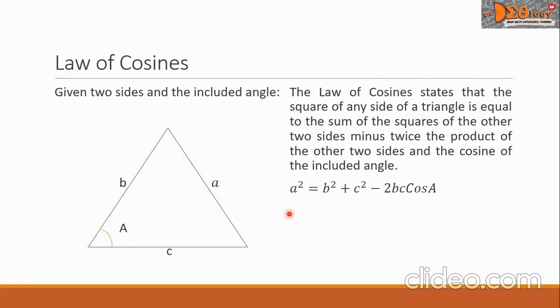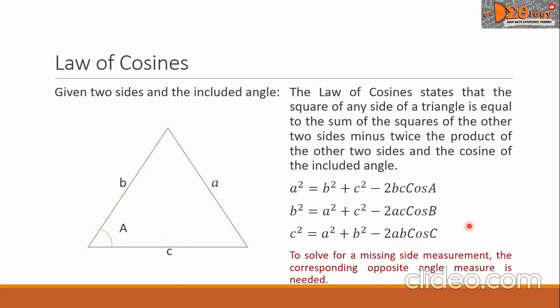In symbols, we will write A squared equals B squared plus C squared minus 2BC cosine of angle A. For some triangles, we may look for side B, so we will use this formula: B squared equals A squared plus C squared minus 2AC cosine of angle B. Likewise, if we're looking for side C, we will use this formula: C squared equals A squared plus B squared minus 2AB times the cosine of angle C. Take note, to solve for a missing side measurement, the corresponding opposite angle measure is needed.